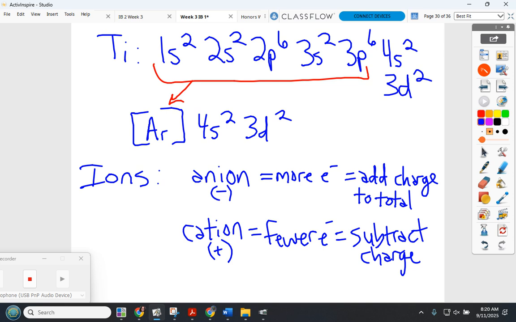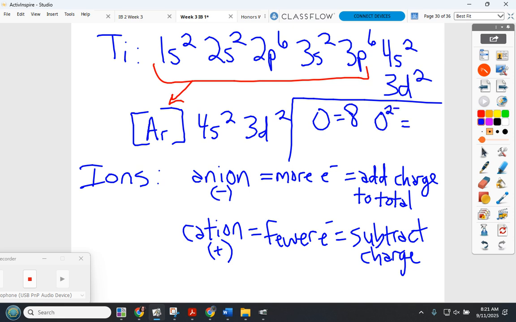So, for example, if we had oxygen, just gonna put this here. Oxygen has how many electrons? 8, okay? What's the charge on an oxygen ion? Yeah, so the charge for an oxygen ion would be minus 2.